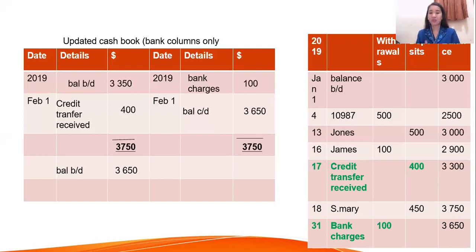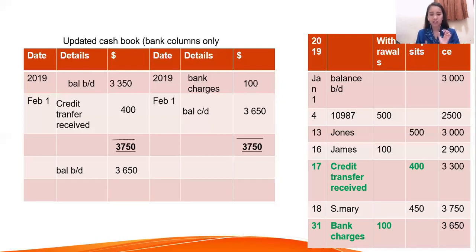Okay, remember the first step: we must notice each transaction that is already recorded in both of these data, the cash book and the bank statement. We circle them, we tick them, whatever you want, just to mark down.